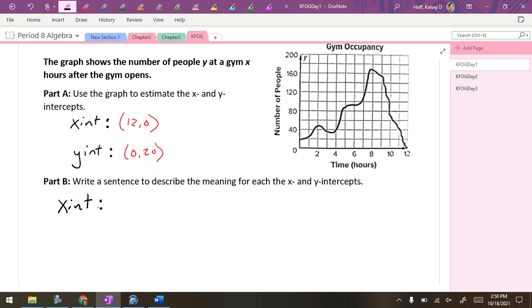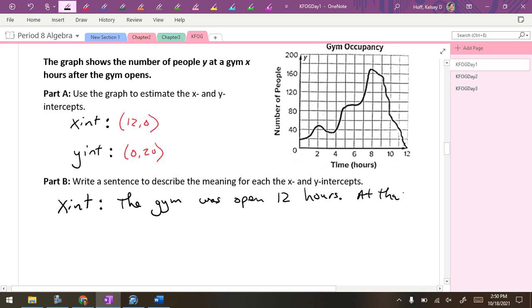I would say that's how many hours they were open. The graph shows the number of people at a gym hours after the gym opens. How long was the gym open? 12 hours. What happened at 12 hours? It closed, but what do you know? Sorry, I shouldn't say what happened. How many people are there? Very good. The gym was open 12 hours.